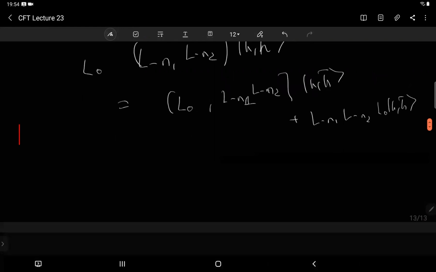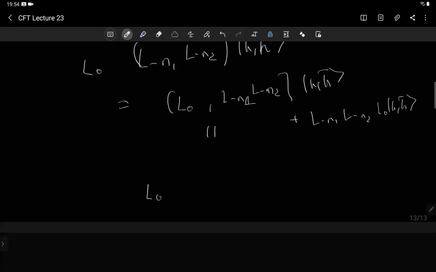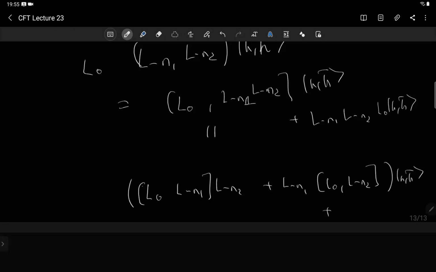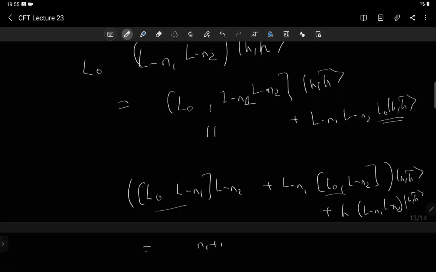The first term you can write as the commutator of L0 with L minus n1 times L minus n2, plus L minus n1 times the commutator of L0 with L minus n2, acting on HH bar, and the last term will give you h. Each of these commutators gives n1 and n2 respectively, so the whole answer will just be n1 plus n2 plus h acting on L minus n1 L minus n2 HH bar.